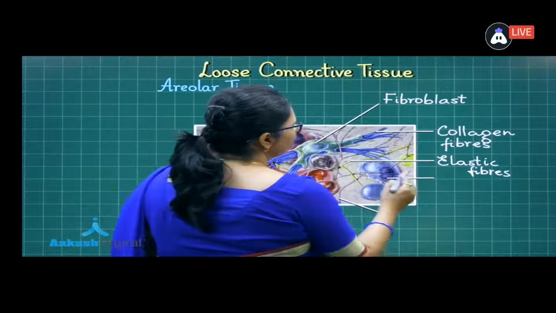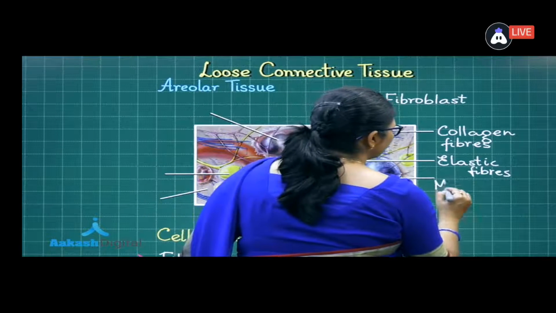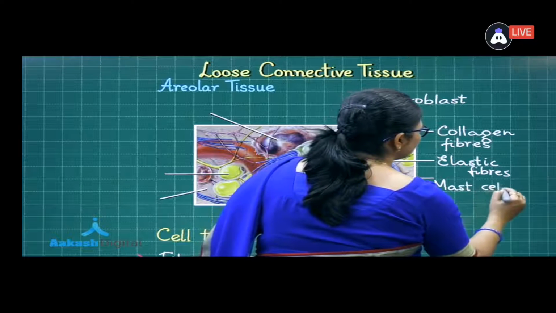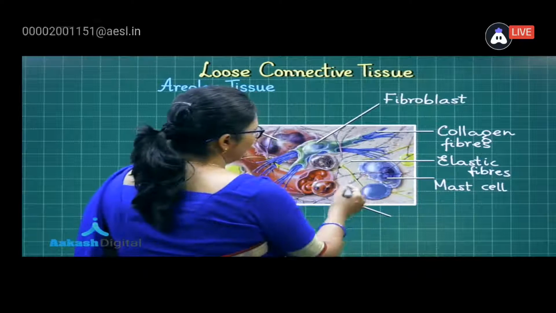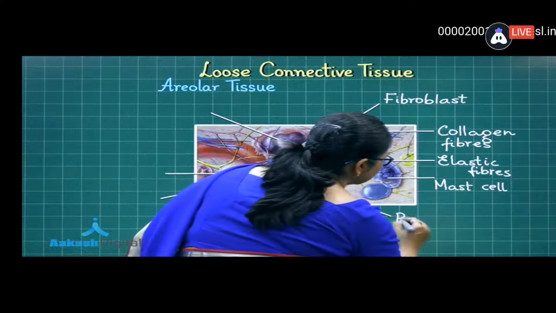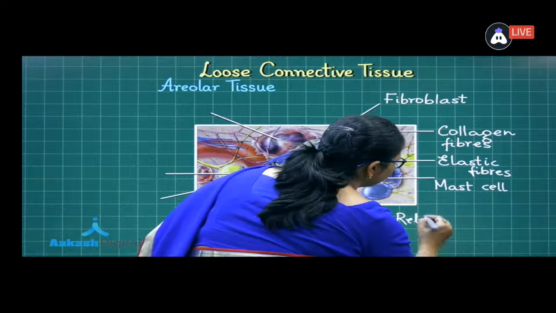Now this cell here, this is the mast cell. Highly branched fiber, anastomosing fiber, this one is the reticular fiber.